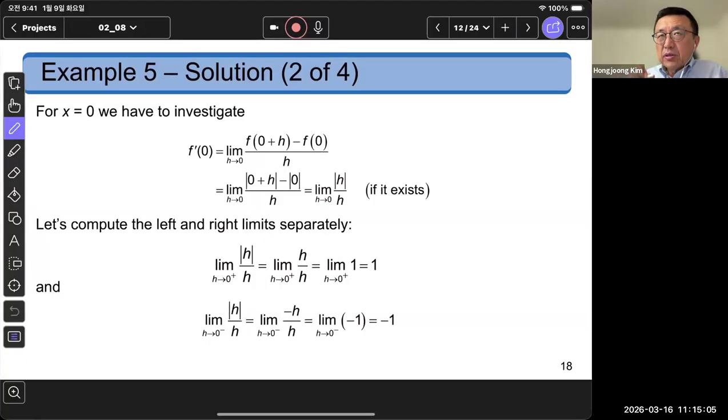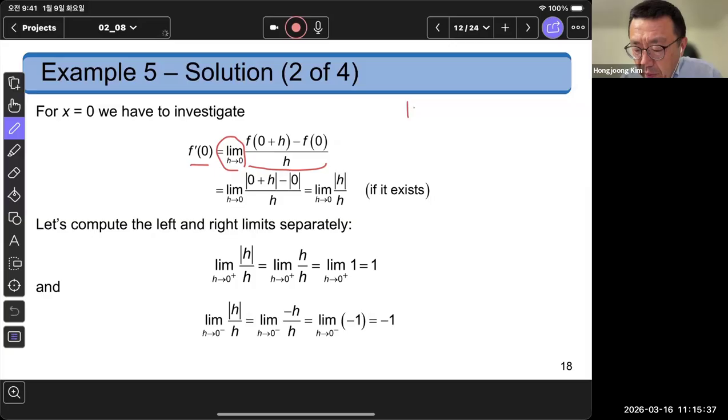Now, when x is 0, we have a problem, because by definition, if this function is differentiable, f prime of 0 must be defined by the limit of this expression. When I evaluate my absolute value function at 0, you get the limit of the absolute value of 0 plus h minus the absolute value of 0.